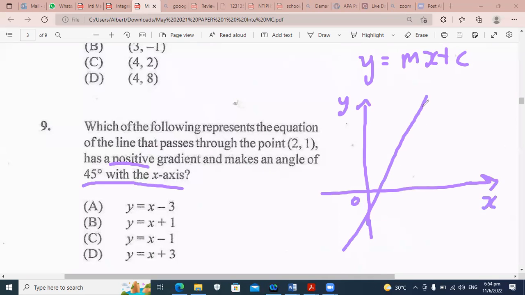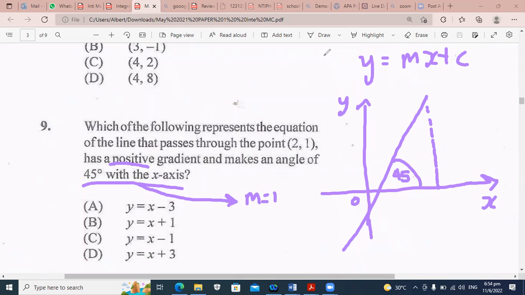And what they're saying is that between the x-axis and the line, it makes an angle of 45 degrees. To make an angle of 45 degrees with the x-axis would mean that the gradient would have to be equal to 1.